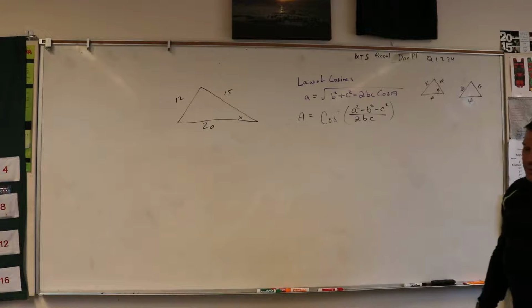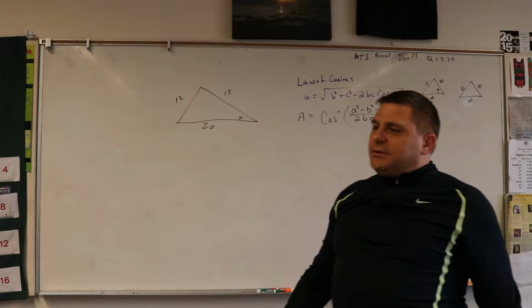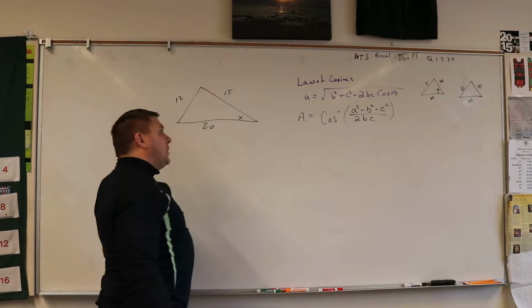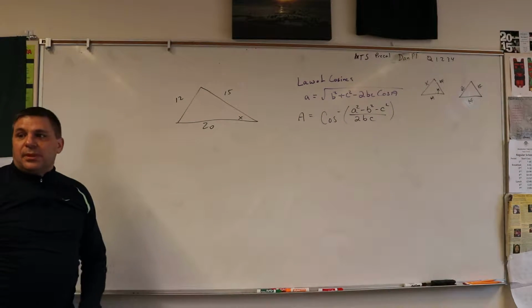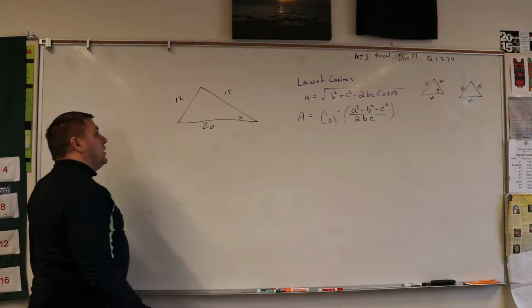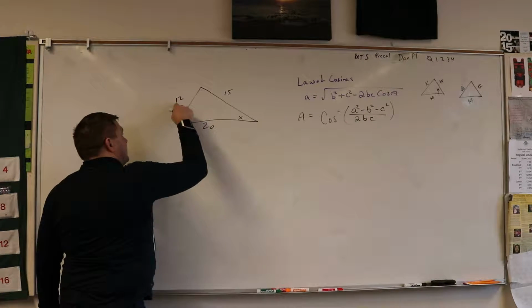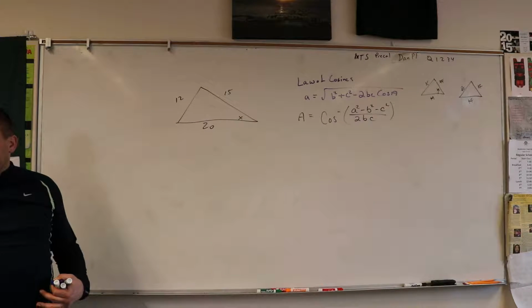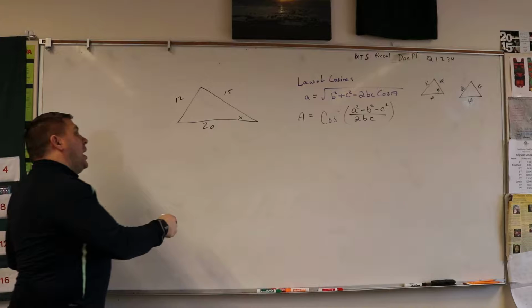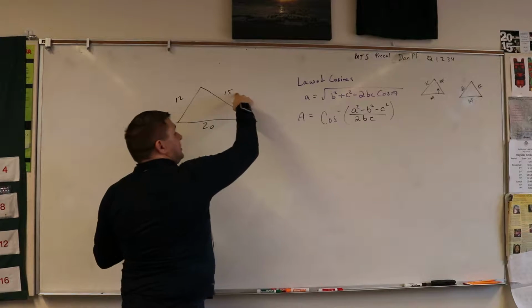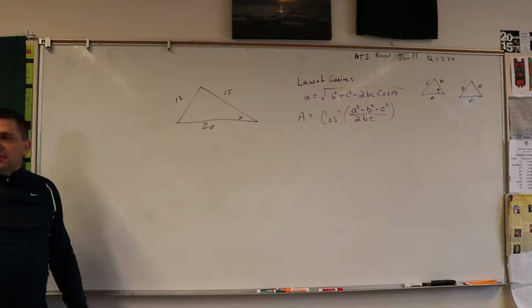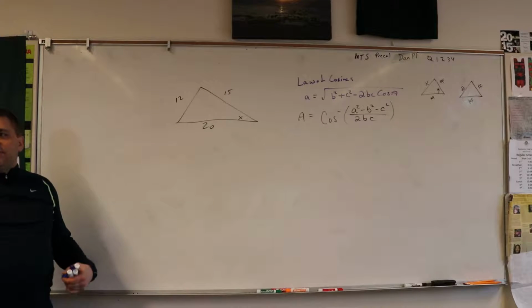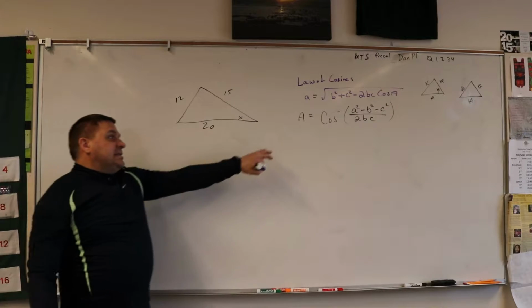There's another way, it's just leaving me right now. So let's stick with that for right now. So what's this one? This one is the one where you have the side that's opposite of the angle that you want, and you have the other two sides. So you're going to have to find the angle. And that's this one.